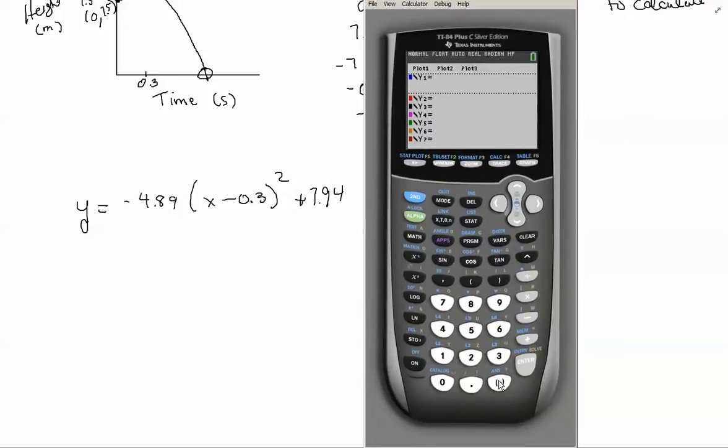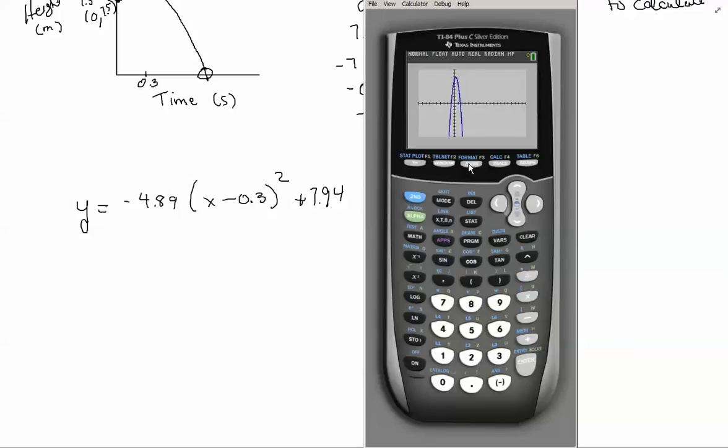Let's enter this: negative 4.89 bracket x minus 0.3, close the bracket, squared, plus 7.94. Let's graph this.